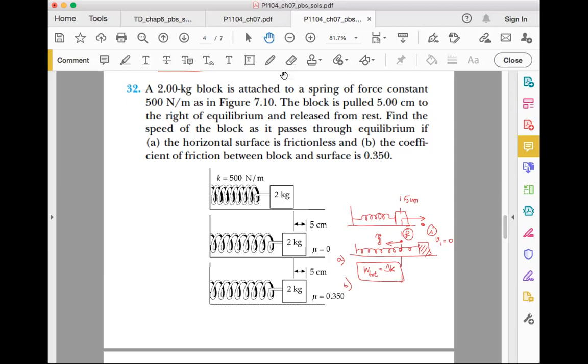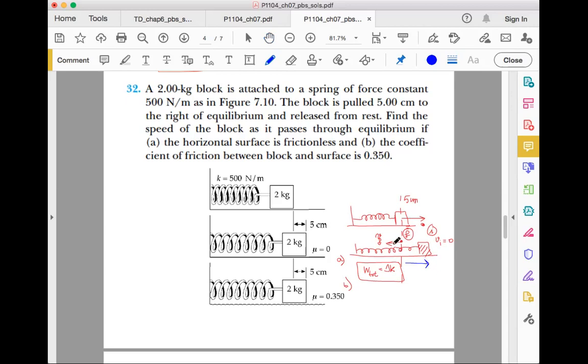First of all, what we have to determine is the speed. I've just drawn a figure here. This is the first state of the system, where you have the unstretched spring and the block attached to it, over here. Now we have just pulled the block to the right of equilibrium, like we did in here, and then we release it from rest.